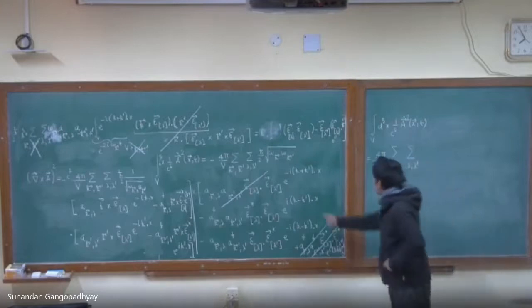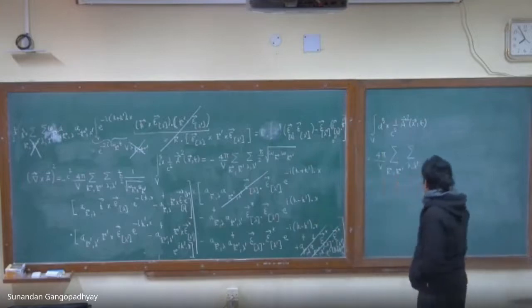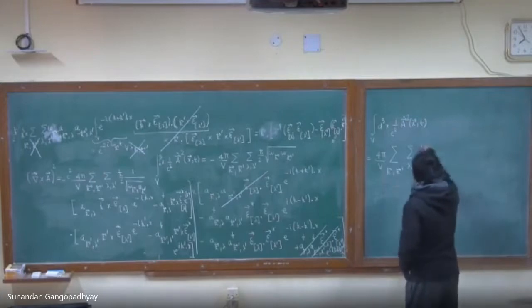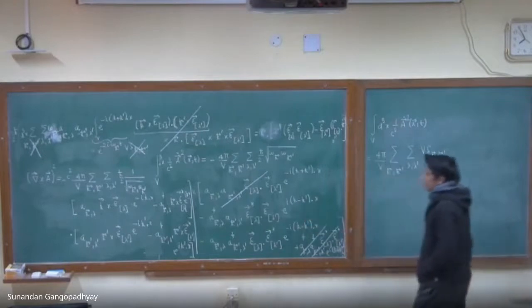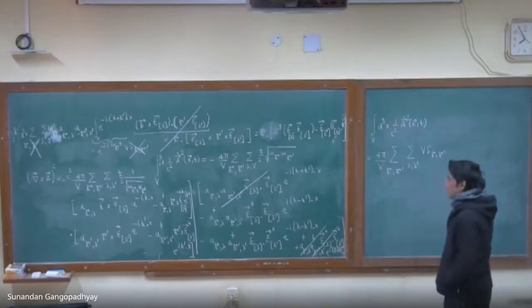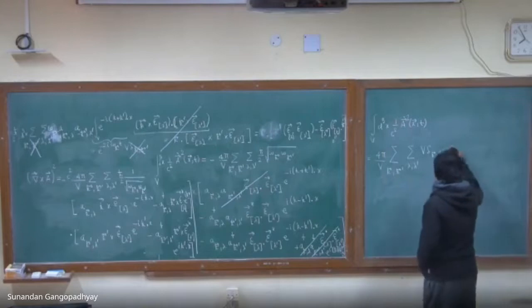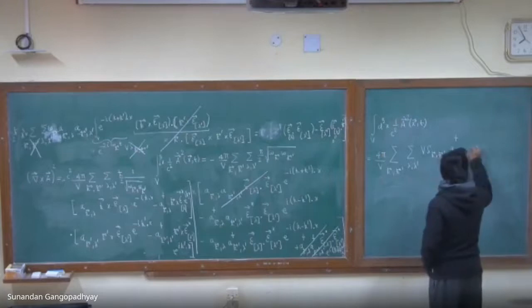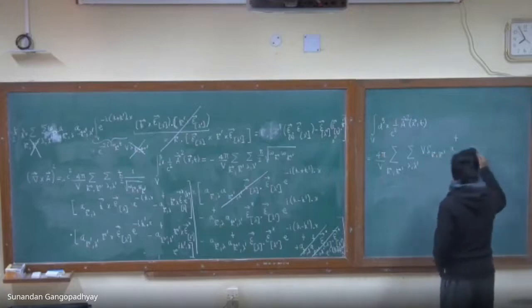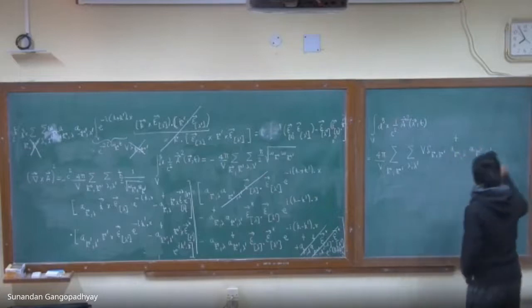And if you integrate this over x, what we will get is a Kronecker delta. So we will get a volume V delta k prime. And then we will have a dagger k comma lambda, a k prime comma lambda prime, and then here the polarization factors.